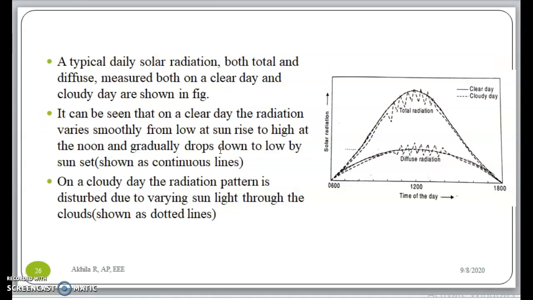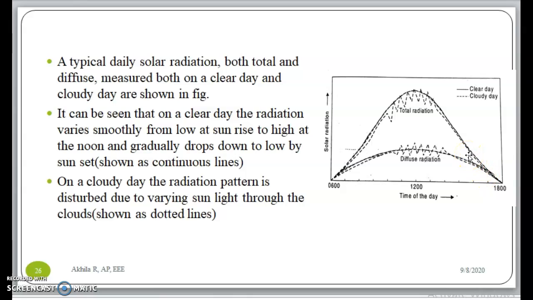So a typical daily solar radiation, which means both total and diffuse, please see the diagram, measured on a clear day as well as a cloudy day. Okay, clear day is when you have the solid lines, and the cloudy day is the hashed lines.